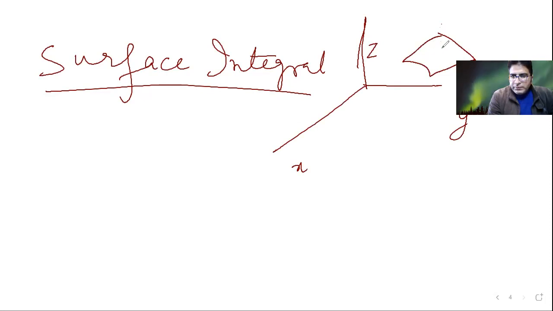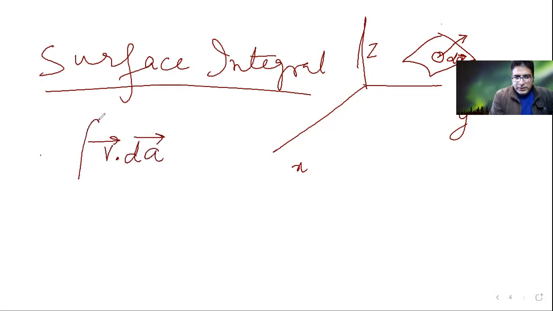I divide this surface into infinitesimally small parts, dA, and represent each dA by a vector perpendicular to the surface. Then dot it with the value of the vector field there. V stands for my vector field.